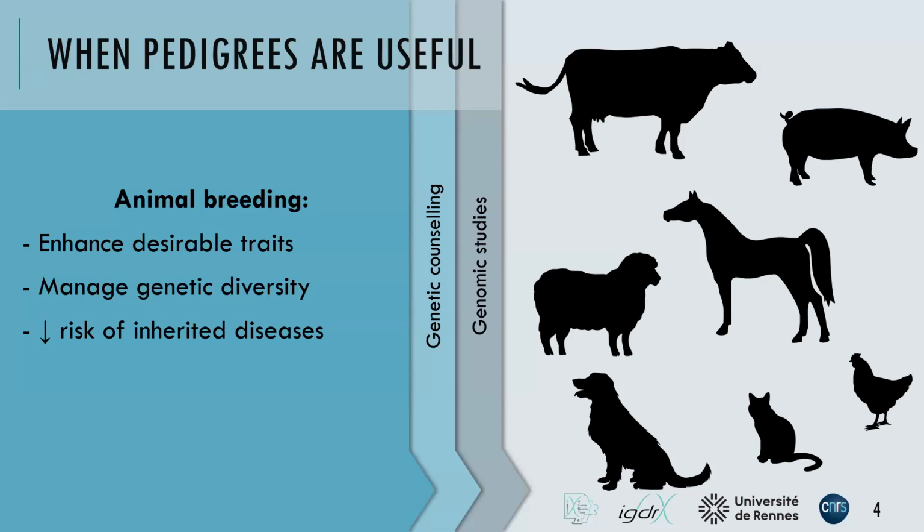Pedigrees are used in various fields. In animal breeding, they offer a detailed record of an animal's ancestry, helping breeders make informed decisions to enhance desirable traits, manage genetic diversity, and reduce the risk of inherited disease.